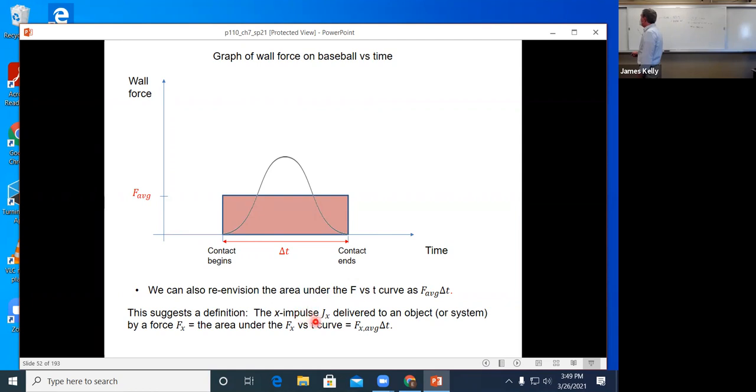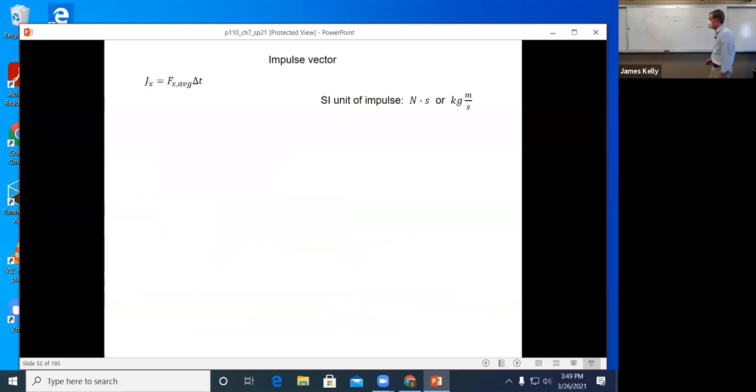The definition of the x impulse delivered by a force, you have to say which force you're talking about, is the area under that force's Fx versus time curve. And we can calculate that, if we know what the average force is, just by multiplying the height times the width. It's just a definition. We'll see why it's important in just a minute, but for right now, it's just the area under the curve.